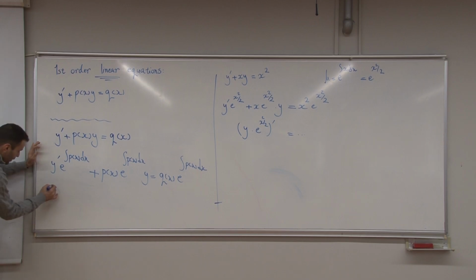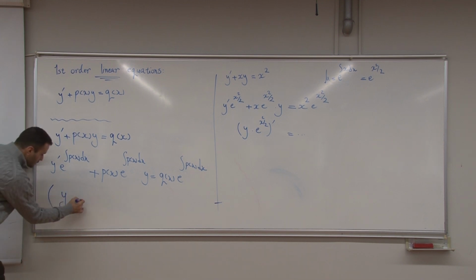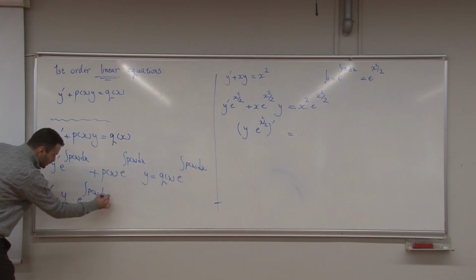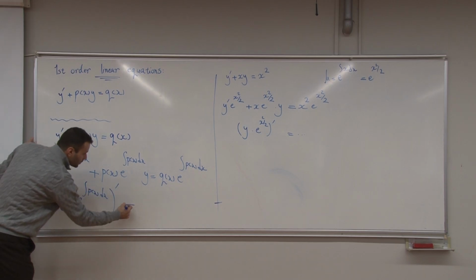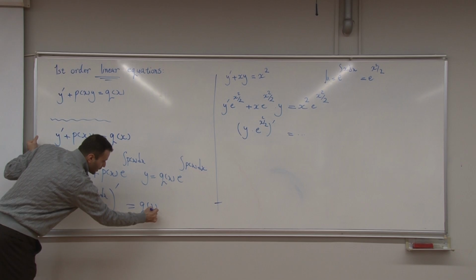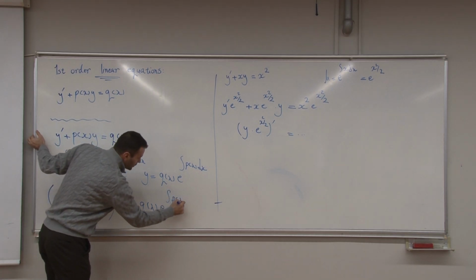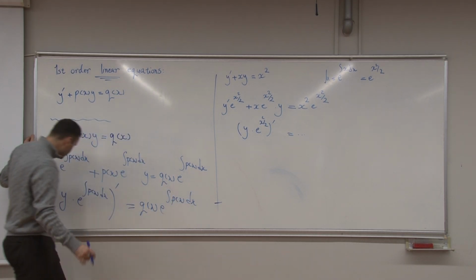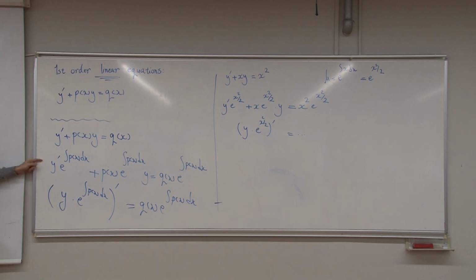What can I write here then? This is going to be the derivative of y times e to the power of the integral of px. Yes, definitely. But just a second. Is this really clear? Why is this equal to the derivative of this?